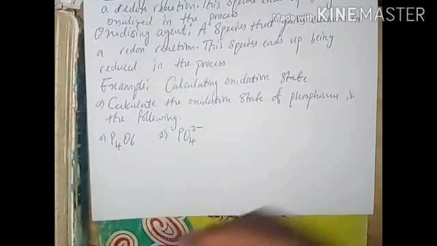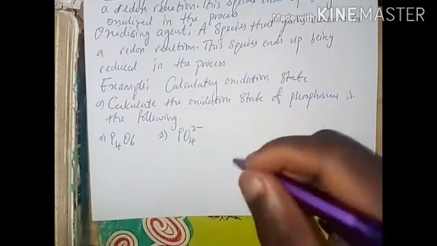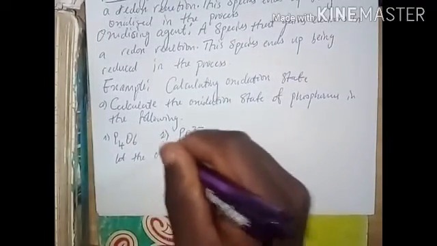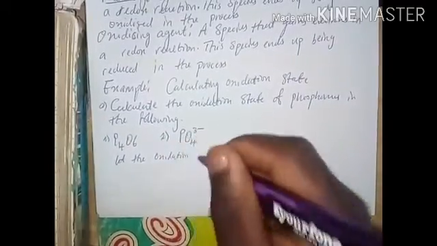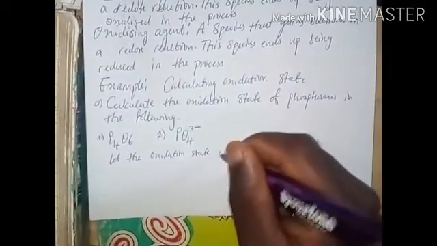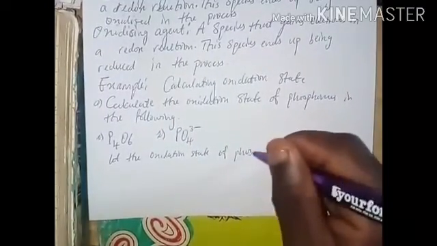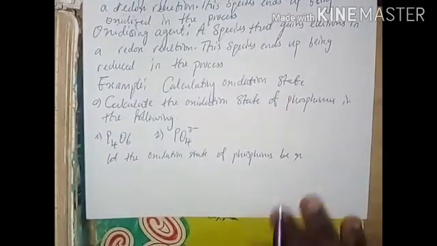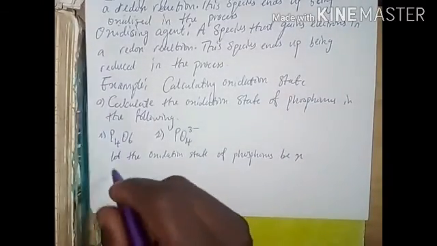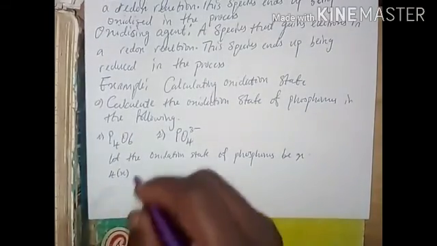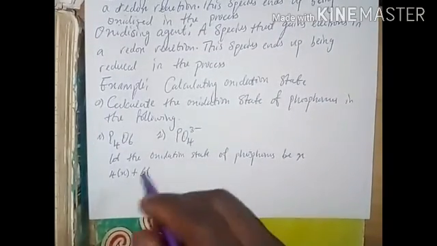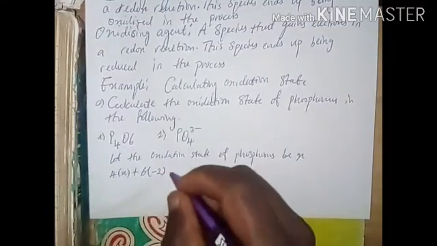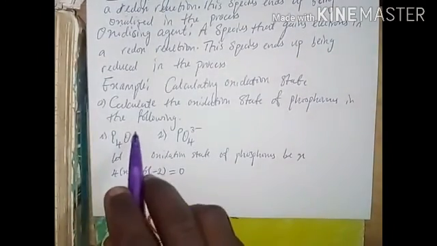Since we don't know the oxidation state of phosphorus, we say, let the oxidation state of phosphorus be X. So if we have 4 of them, 4 times X plus 6 oxygen, and in most compounds oxygen is always -2, should equal 0, since the overall oxidation state is 0.